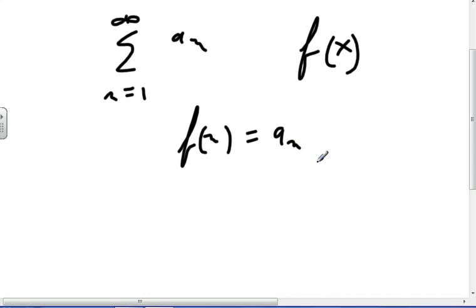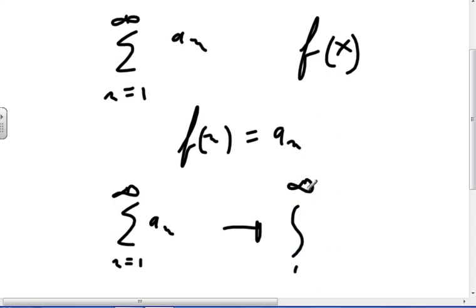I wonder if I can get that done. No, didn't move quick enough. I'm stuck behind the wires. Given that that's the case, then the summation of a_n from 1 to infinity and the integral from 1 to infinity of f of x dx: if one of these diverges, they both do. If one of them converges, they both do.